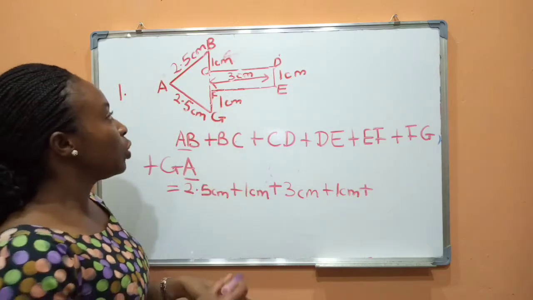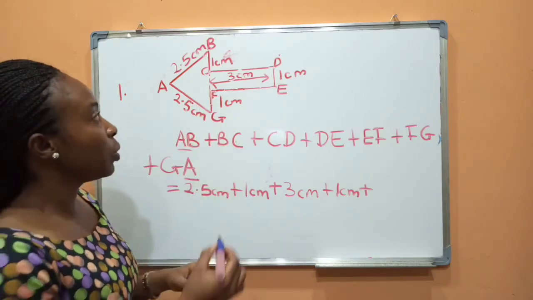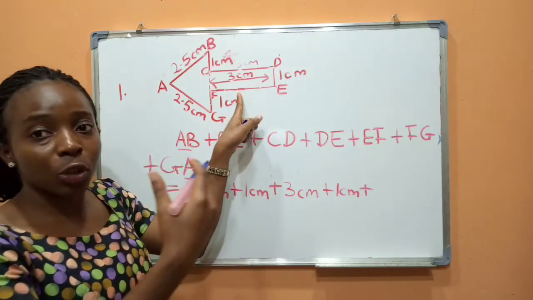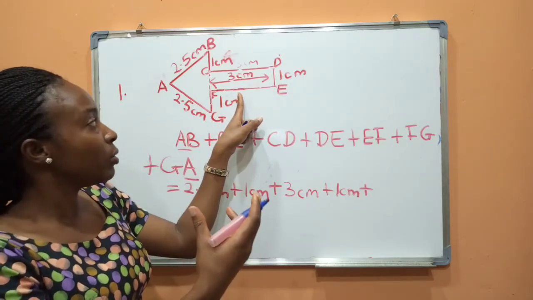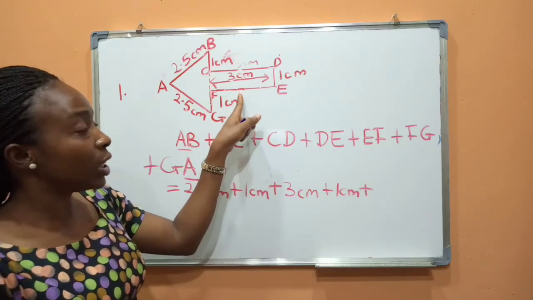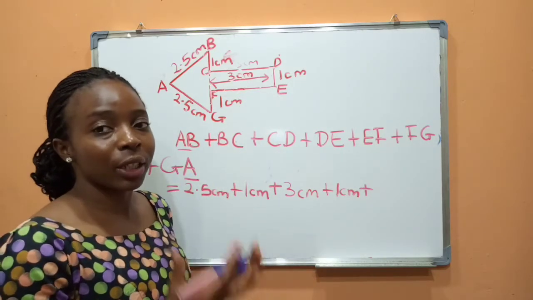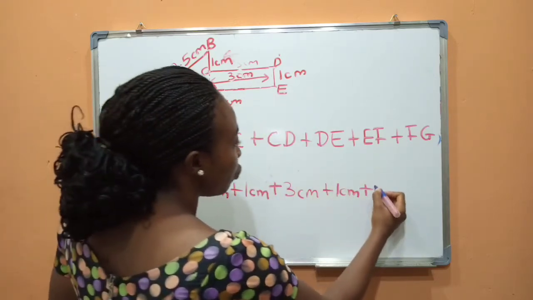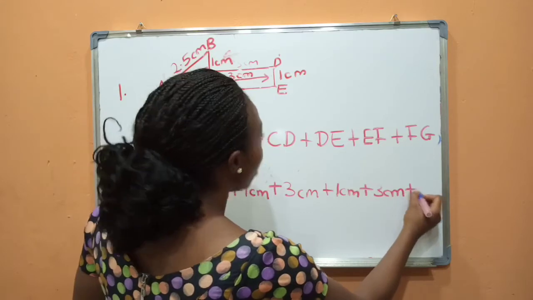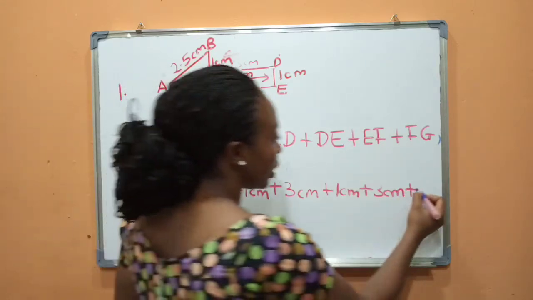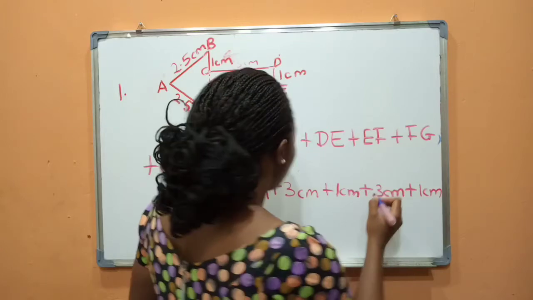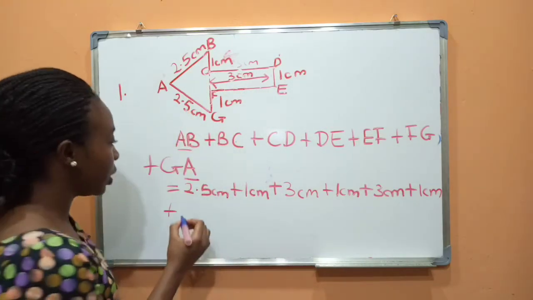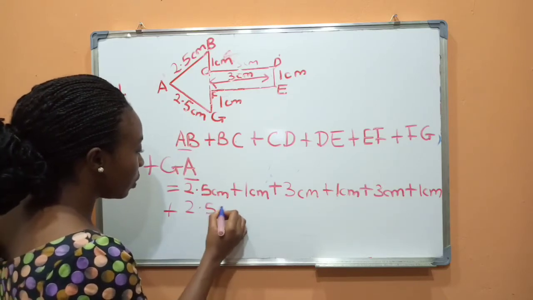Now remember, I told you that this forms a rectangle. So if the length here is 3 centimeters, that means this place is equally going to be 3 centimeters. Though they didn't write it, we should know this is 3 centimeters because opposite sides of a rectangle are equal. So we are going to have EF as 3 centimeters plus what about FG? FG is 1 centimeter. And then we're left with GA. GA is 2.5 centimeters.